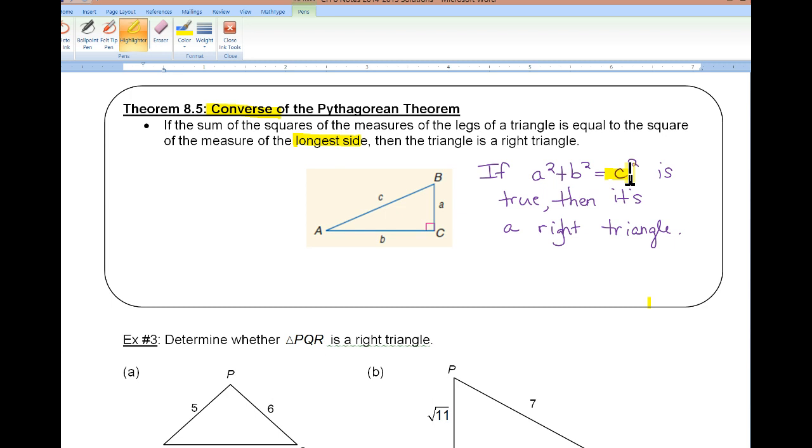And if c squared is greater than a squared plus b squared, then it's going to be obtuse. Think about that. Does that make sense? So if your hypotenuse squared ends up being smaller than the sum of the other two sides squared, then that means you have less than a 90-degree angle. And if c squared is greater, then it ends up being obtuse.